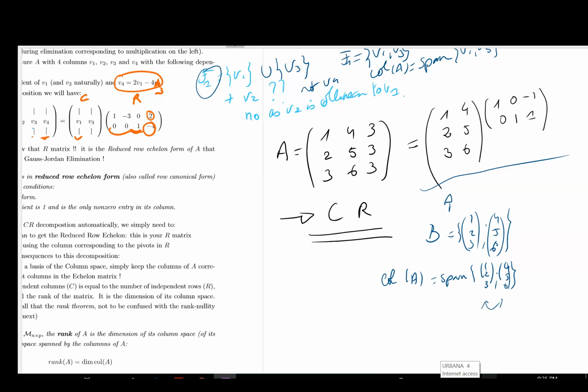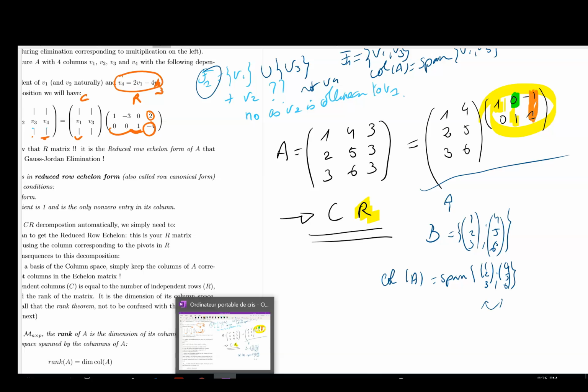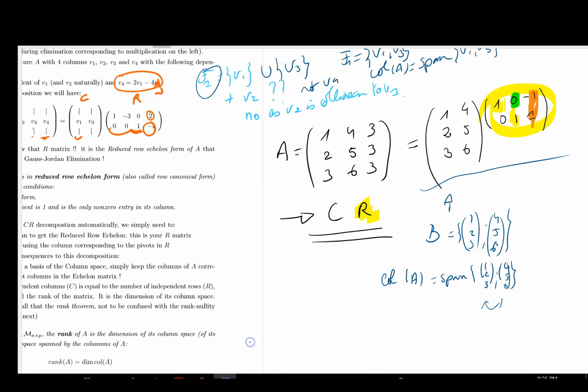This being said, you know the R matrix already, if you've read what comes next in the lecture notes. Look at this. It has ones here, a 0 above each one, and other coefficients here which are not 0. What does that look like?